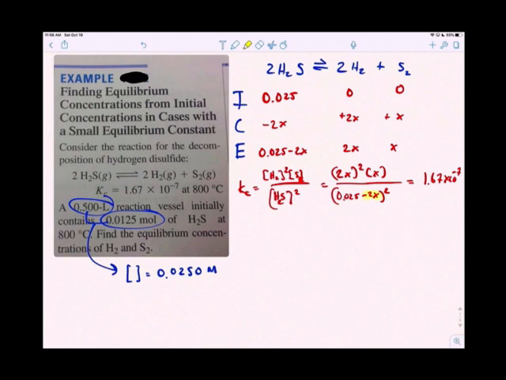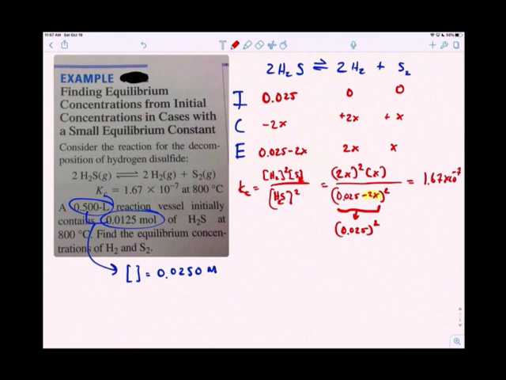I've highlighted there in yellow the 0.025 minus 2x. What you can do is approximate this value. You can ignore that 2x and say this equals about 0.025. So I can apply the x is small approximation.